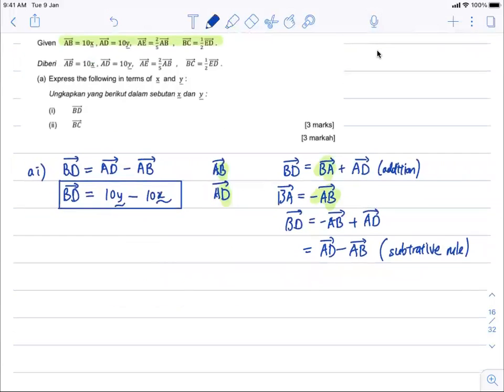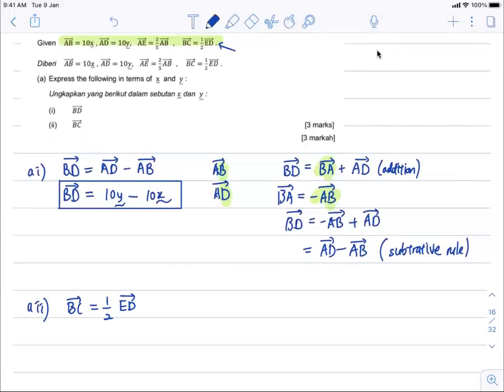Now let us move on to question A2, find BC. The question already tells us BC is equal to half ED. So now we need to find ED first.